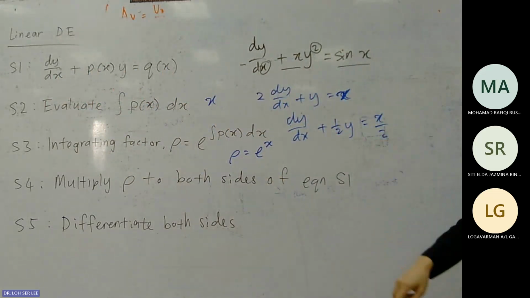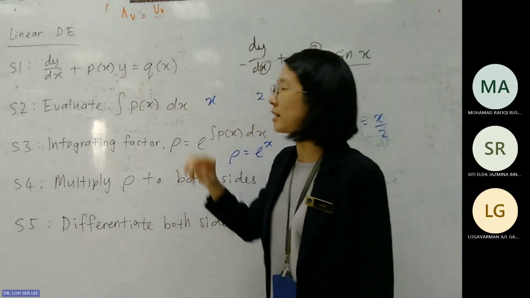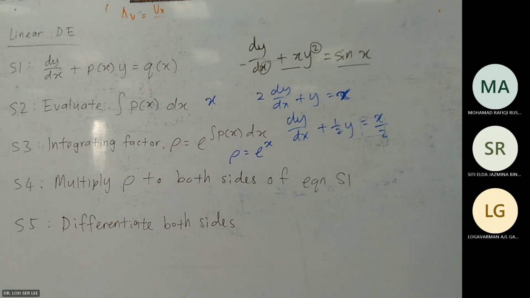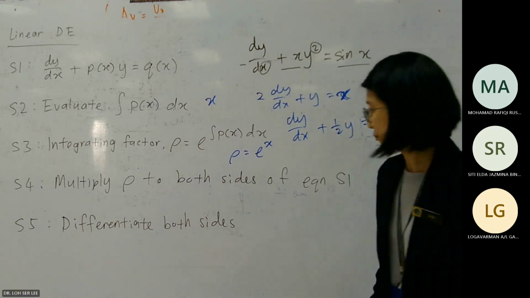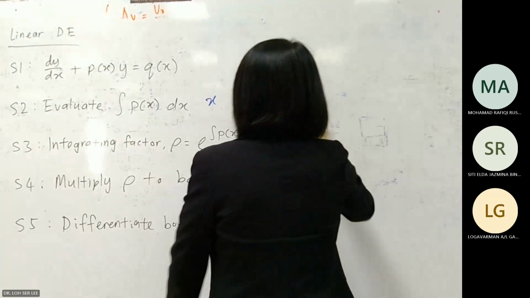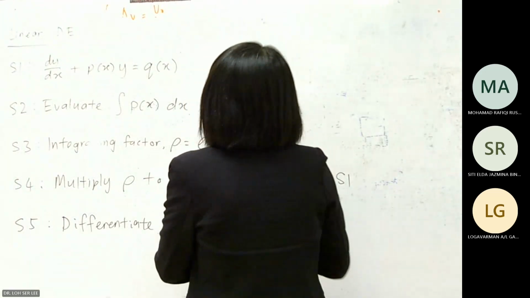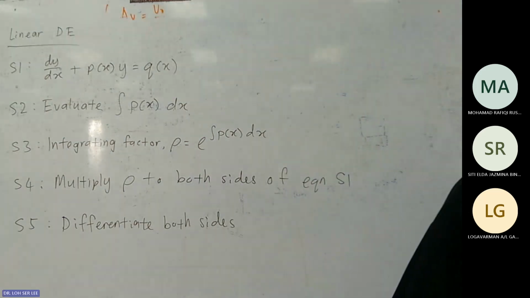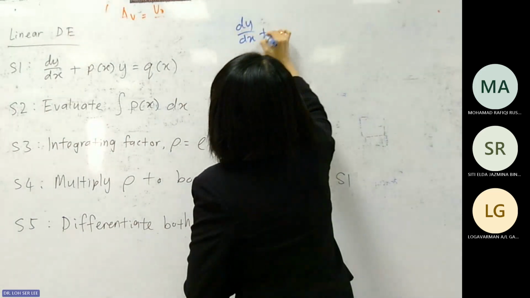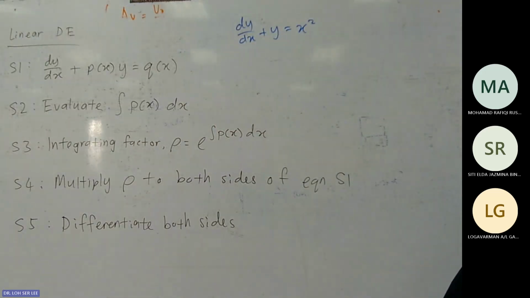Then step 5, we will differentiate both sides of the function. Now we look at one example: dy/dx plus y equals x squared.